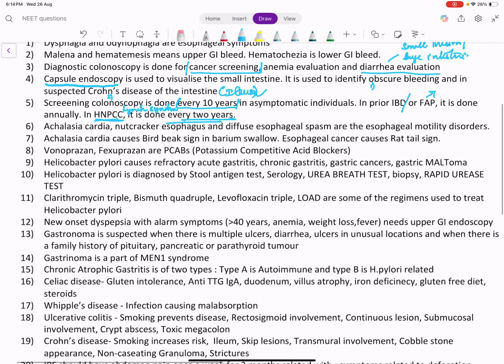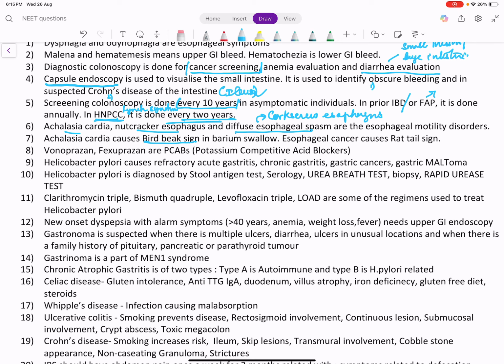Okay, now coming to esophagus, we have 3 esophageal motility disorders. One is achalasia cardia, nutcracker esophagus, and diffuse esophageal spasm. This diffuse esophageal spasm causes a finding called corkscrew esophagus in barium swallow. What finding we get in achalasia cardia is bird beak sign. That is, the distal part of the esophagus is narrow.